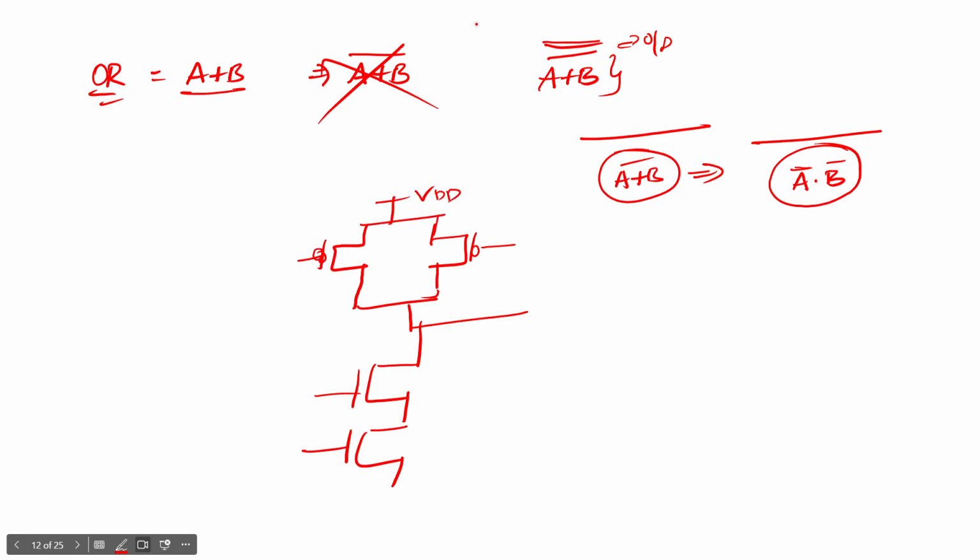There is a bubble, okay. VDD, output. So A bar, B bar will be the inputs, okay. Not A bar, B bar. So like that we are going to design.